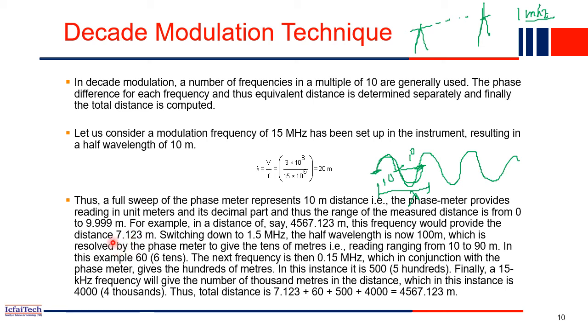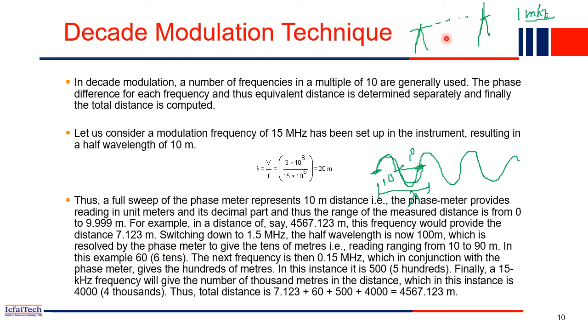Why 7.123? Because 15 megahertz has a total wavelength of 20 meter, and half wavelength is 10 meter, so you can get the d value from 0 to 9.99 in this range. So in the first reading you got 7.123.